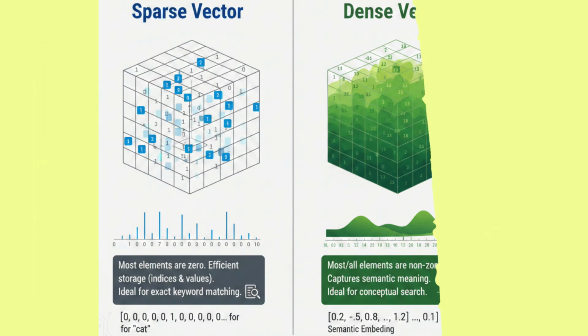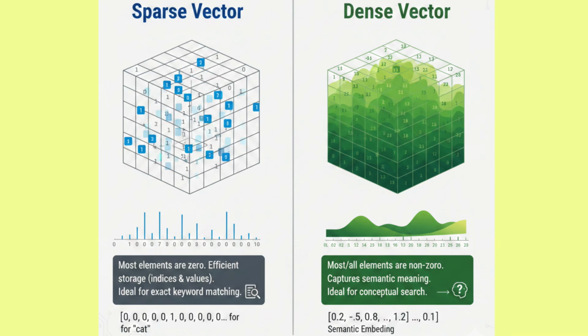So now let's talk about what are sparse versus dense vectors. This classification describes the distribution of non-zero values within a vector, which has major implications for storage and computation. So first, what is a sparse vector?